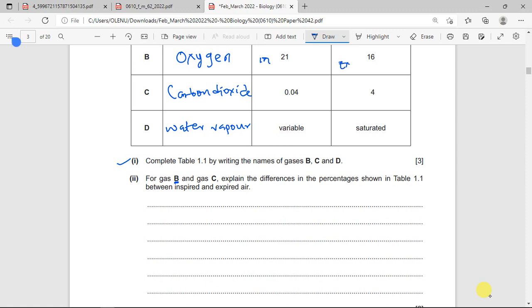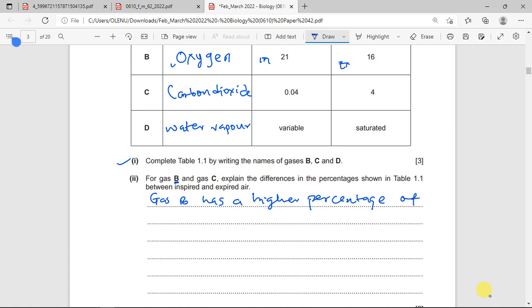So this is straightforward. Answering this question, I can say gas B has a higher percentage of oxygen, because we've been able to identify the gas as oxygen.